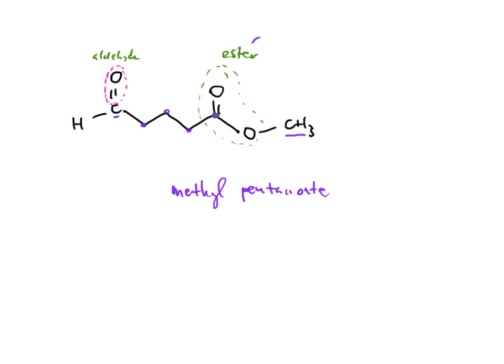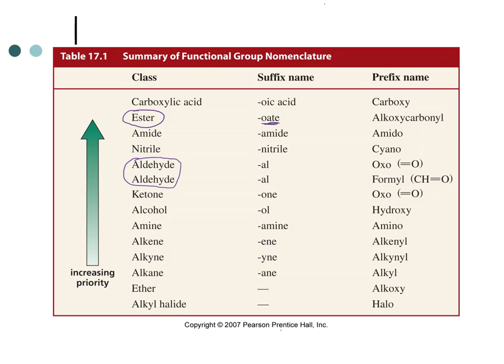If I go back to this chart, I'll see aldehyde listed twice. No matter what, if aldehyde beats out any of these other groups, you're going to end it in AL, because that's how aldehydes end their name. That's why both of these are the same.